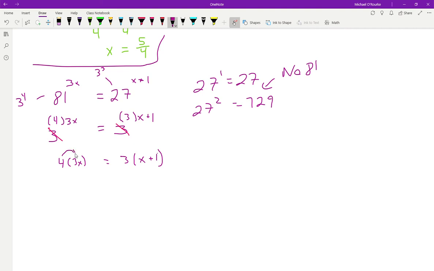And now we distribute in. So 4 times 3x is 12x equals 3x plus 3. Then we need to rearrange. Can move that over.